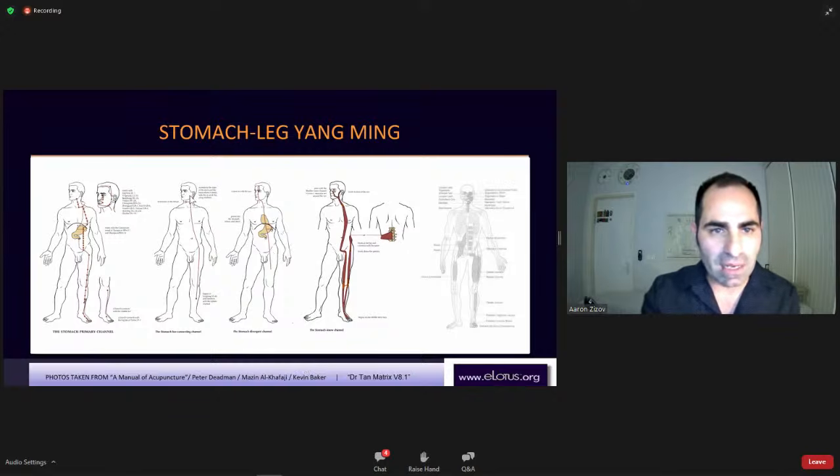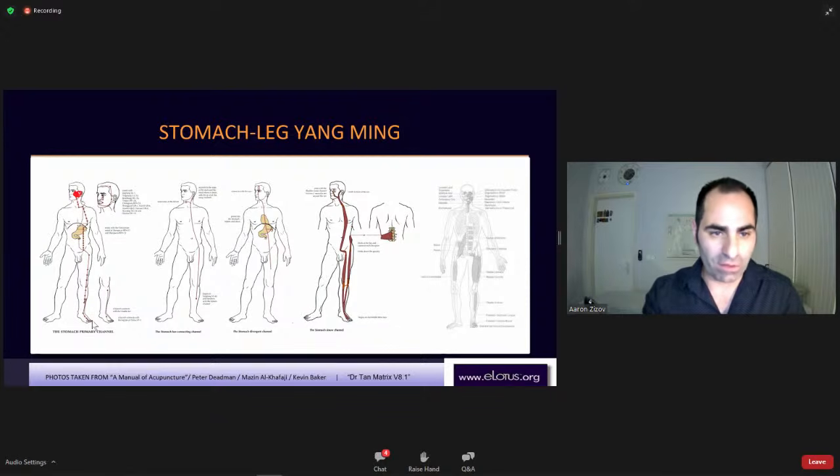So if I have a problem here, Bell's palsy, so all the left side is damaged. Obviously, I gave you just a hint for this, so obviously we see which channel goes here.